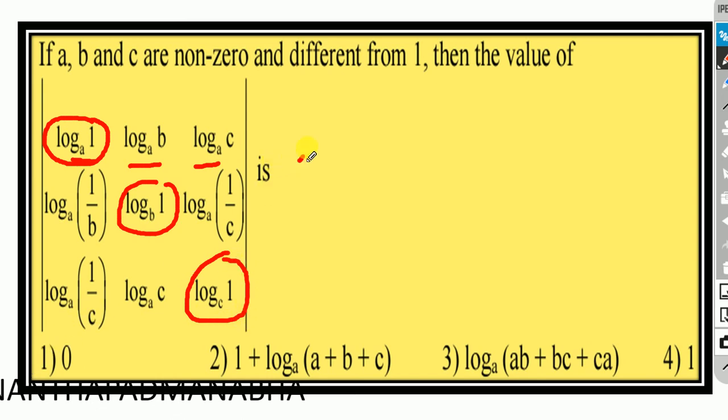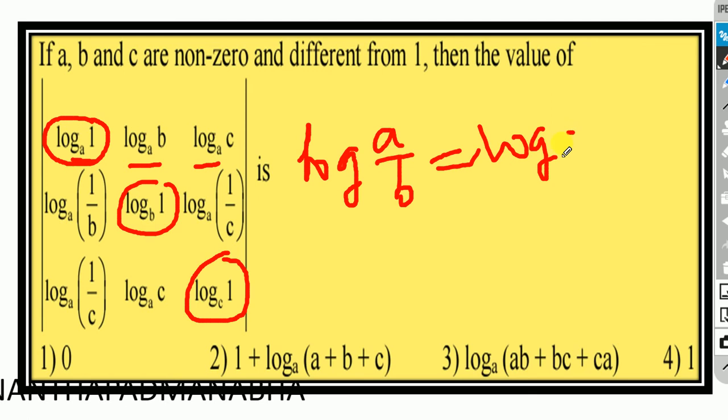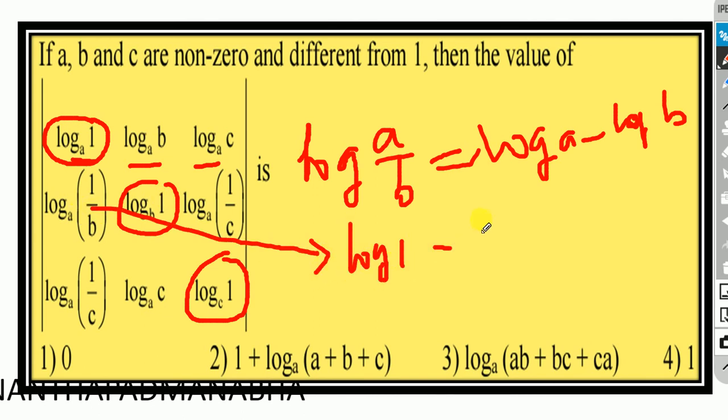And I have a property like this: logarithm of a by b is equal to log a minus log b. So here I have log 1 minus log b to base a. Log 1 will be 0.